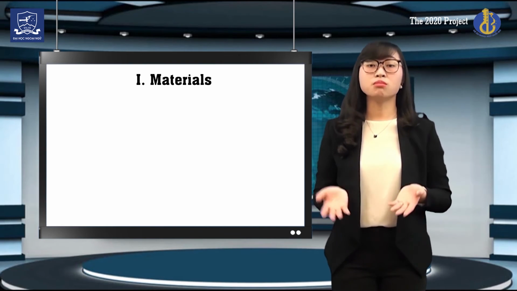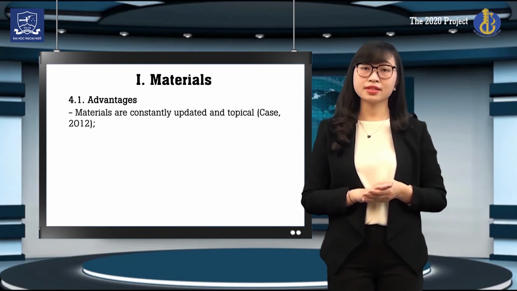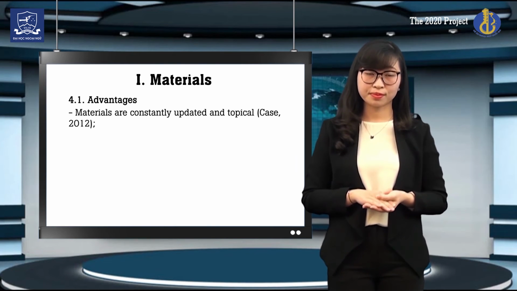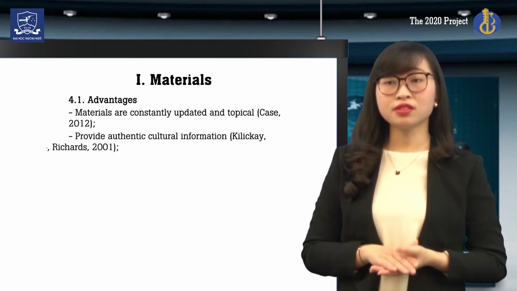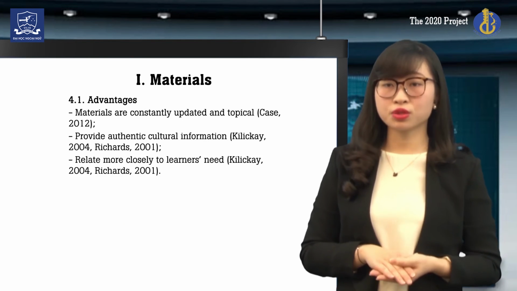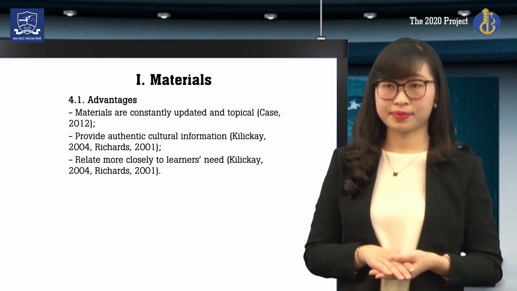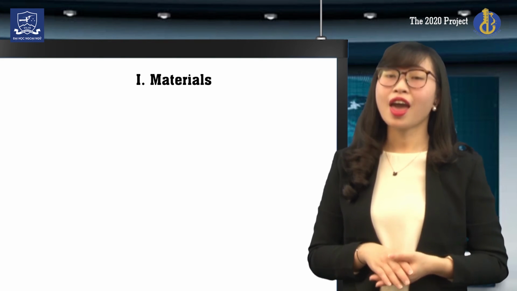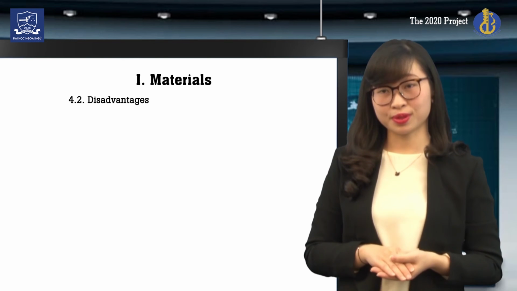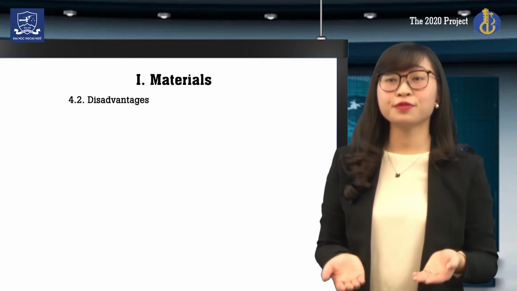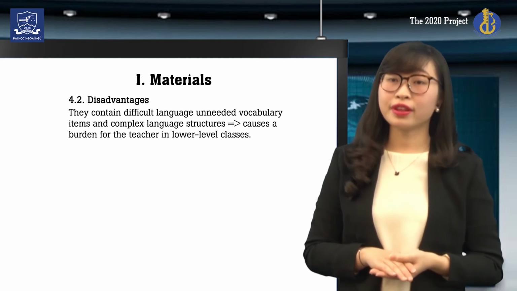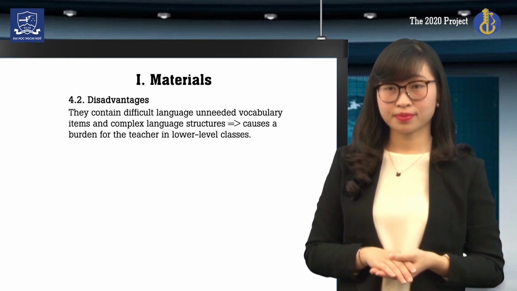What's more, materials are constantly updated and topical thanks to authentic materials. They provide authentic cultural information and help to relate more closely to learners' needs. In terms of the disadvantages of authentic materials, they contain difficult language, unneeded vocabulary items, and complex language structures.